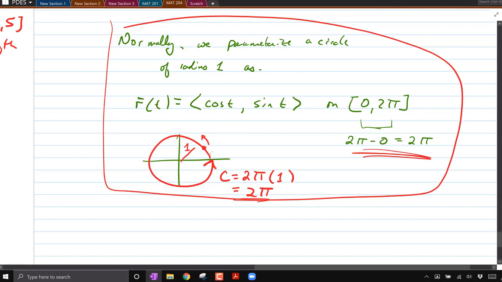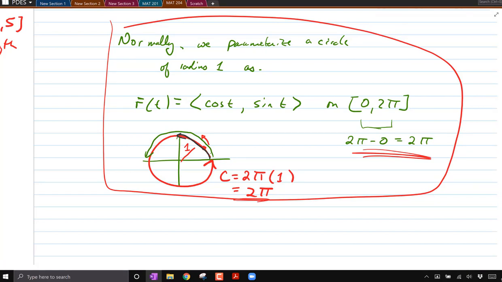If it went for pi seconds, it would travel a distance of pi around the curve. Or if it travels pi over 2 seconds, it would go a distance of pi over 2 around the curve. Do you notice what I'm saying here? The length it's traveled along the curve is always equal to the length of time that's been passing.